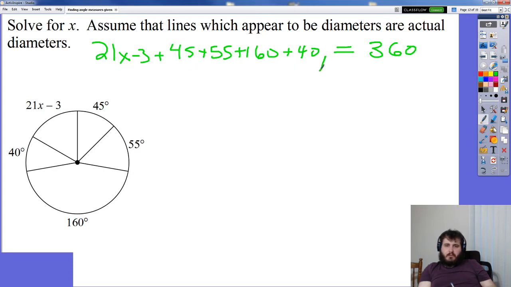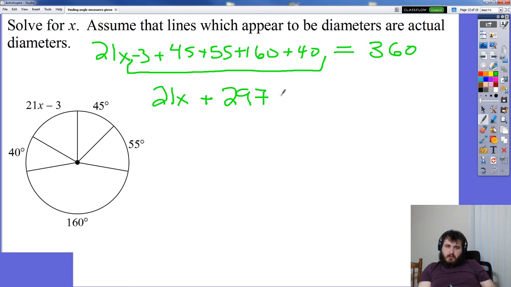We've got all these numbers. So we're going to add them. We got 160 and 40 is 200, 55 and 45 is 100, and then minus 3. So 200, 100, minus 3. So we got 21x. 200 and 100 is 300, minus 3 is 297.